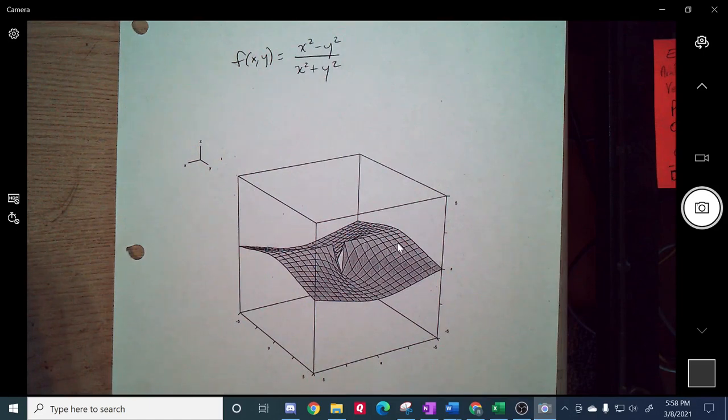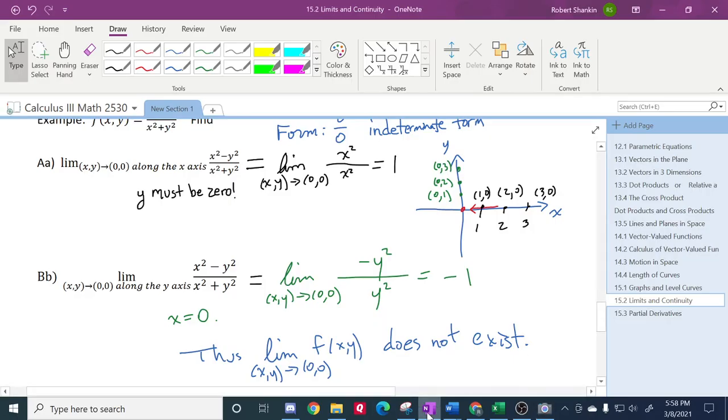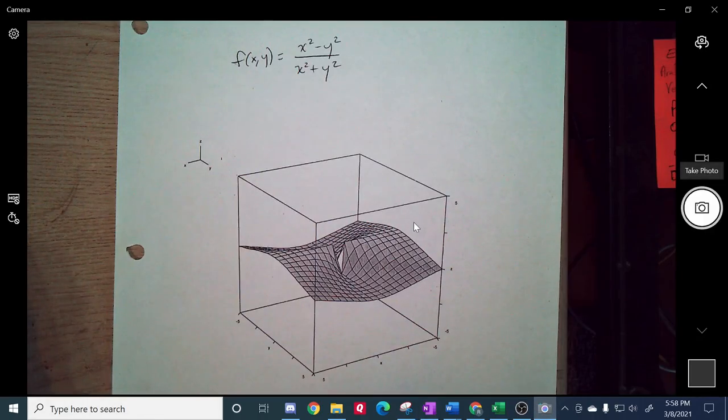And notice, let's look at them real quick. Along the y-axis it was the lower one. Coming along the x-axis, it was higher. Okay, so this one must be the x-axis.